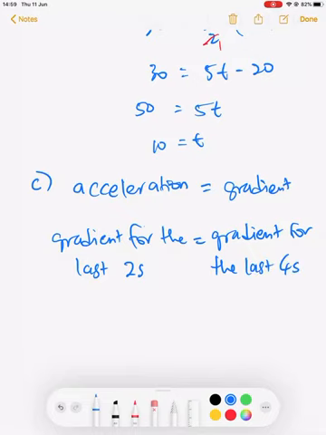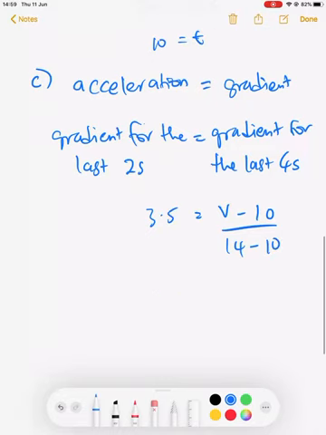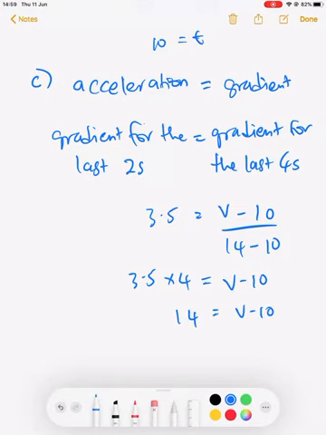They are on the same straight line, so the gradient for the last 2 seconds and last 4 seconds, the acceleration just now, was 3.5. Then we use the formula for gradient: (v minus 10) over (14 minus t), 14 minus 10, so v minus 10 equals 3.5 times 4, which is 14. v minus 10 equals 14. So v is 24.